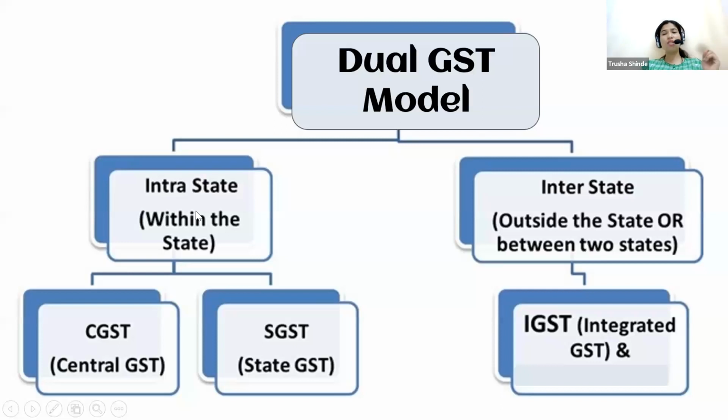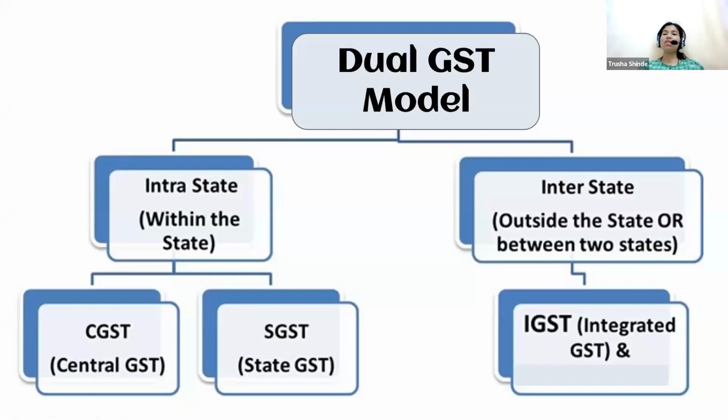In intrastate, as I said, there are two major taxes: your CGST and your SGST. CGST is the Central Goods and Services Tax. SGST is the State Goods and Services Tax. You also have either SGST or UTGST, the Union Territory Goods and Services Tax.